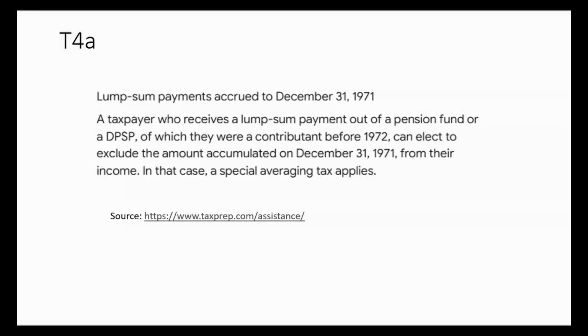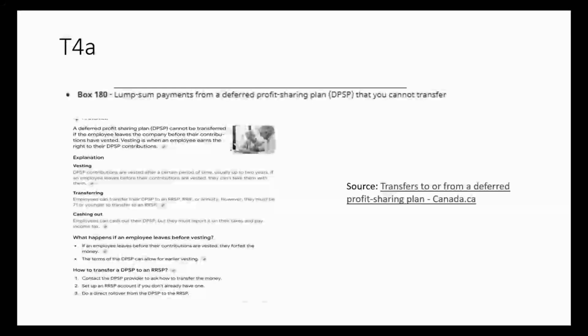For example, Amazon might offer you stock benefits as part of its DPSP, which basically means you as an employee are entitled to any profits made by Amazon. Those contributed before 1972 can elect to exclude the amount accumulated on December 31st, 1971 from their income. In that case, a special averaging tax applies.